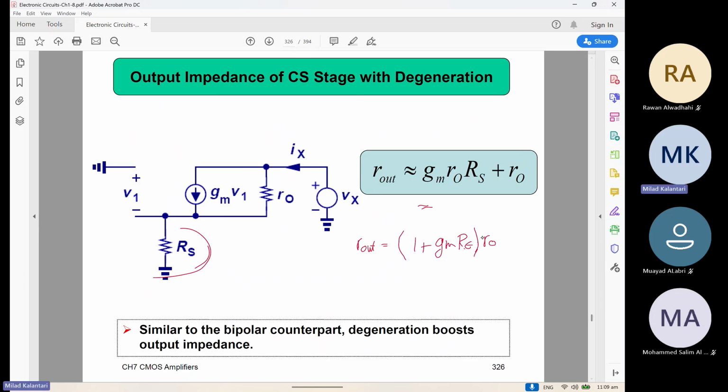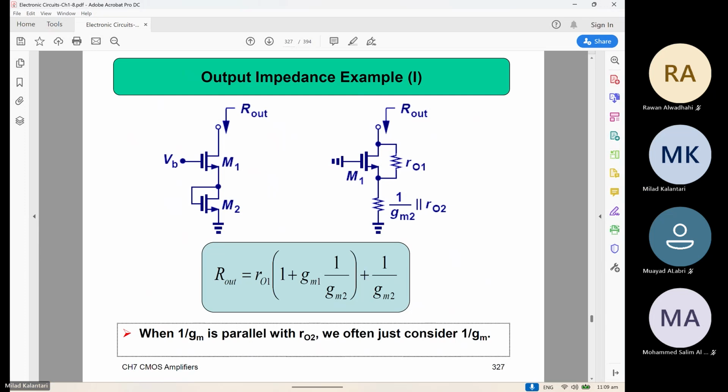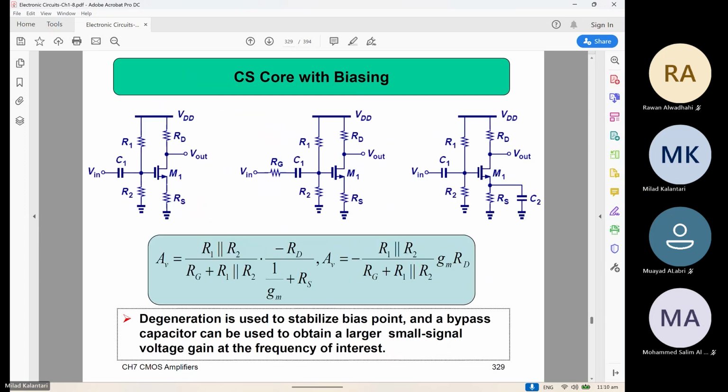I guess for the BJT, it was 1 plus GM, basically RE in parallel with R pi, times R out. In fact, you can use the same thing, but since the R pi here for the MOSFET is basically infinity, this will be simplified to this. So again, nothing new. I'm not going to spend more time on it.